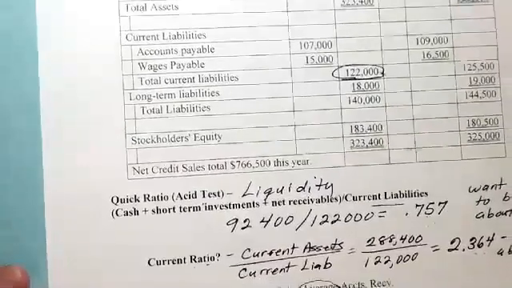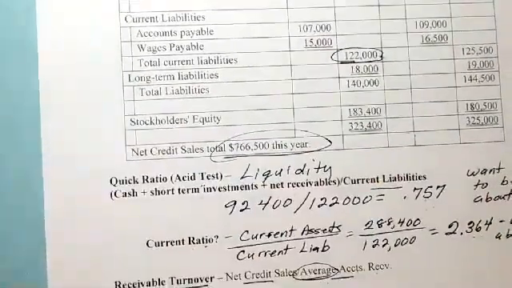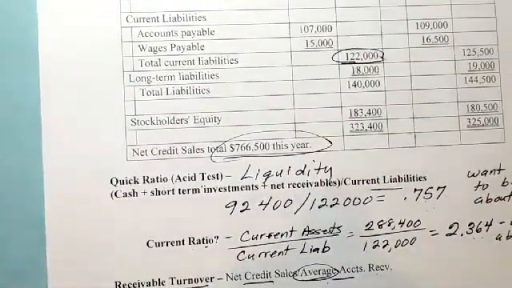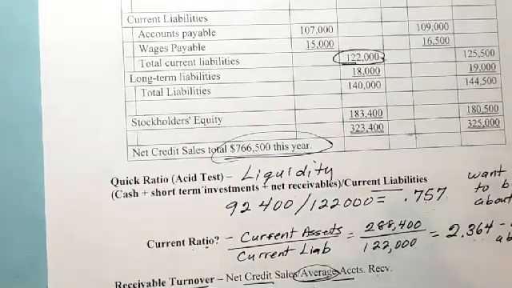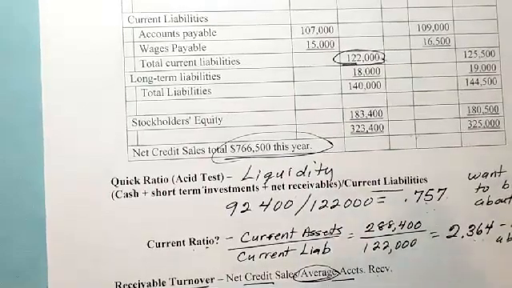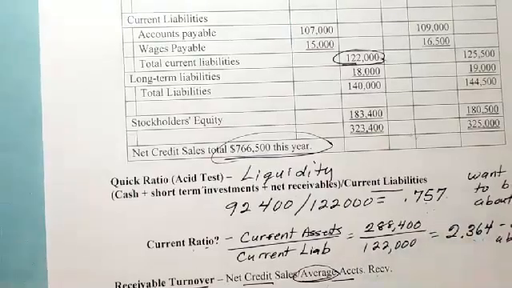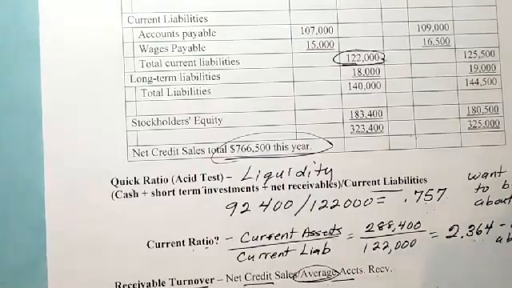Net credit sales has to be given. 766,500 divided by 67,200 gives me 11.406.